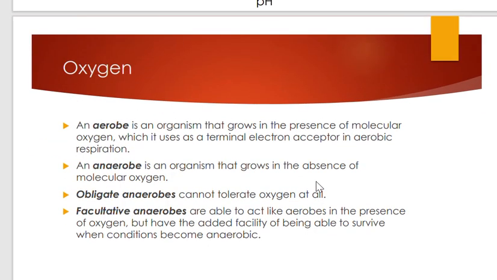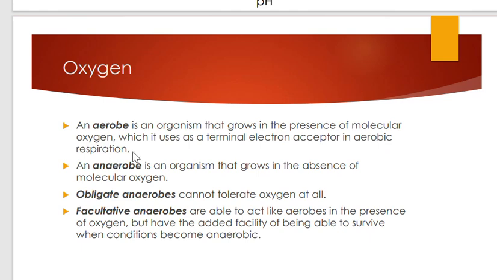Then we have another factor which affects the growth rate of your microorganisms, and that is oxygen. An aerobe is an organism that grows in the presence of oxygen. It uses oxygen as a terminal electron acceptor in aerobic respiration.